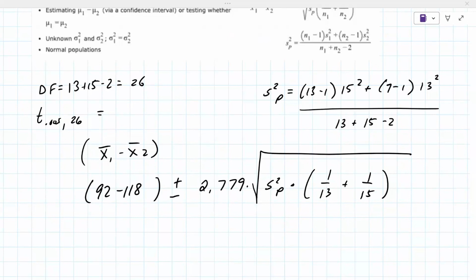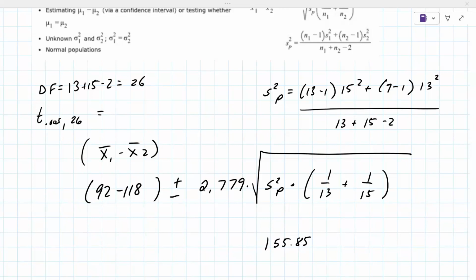13 plus 15 minus 2. 15 minus 1 times 15 squared plus 9 minus 1 times 13 squared. All right, so for this S2P number, I got 155.85.